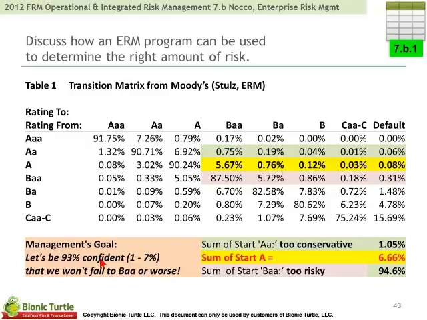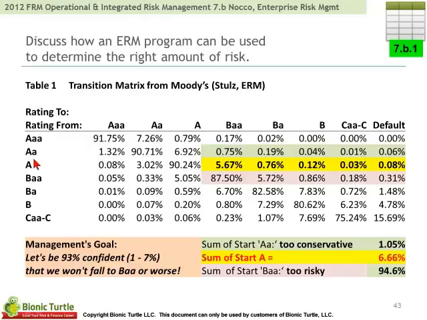And that makes them too risky relative to the appetite, so they need to start at a higher rating. If they start at AA here, then the probability of finishing the period, or migrating or being downgraded, to BAA or below is only 1.05%. So they can target here, but that's going to be too conservative relative to their risk appetite.